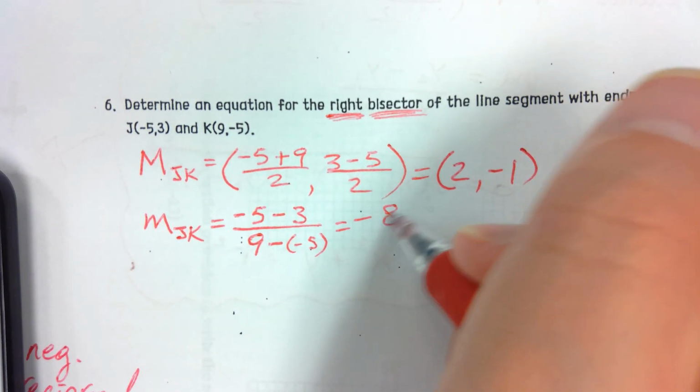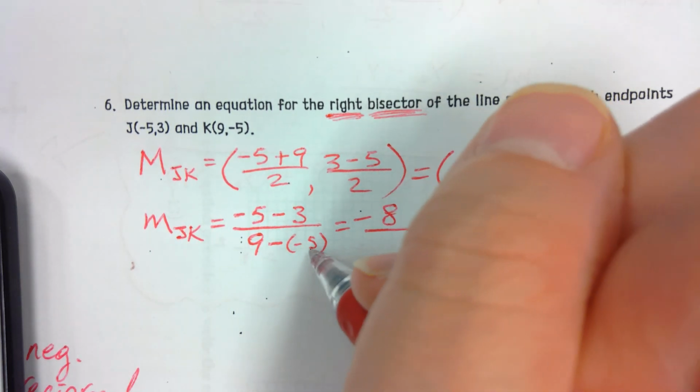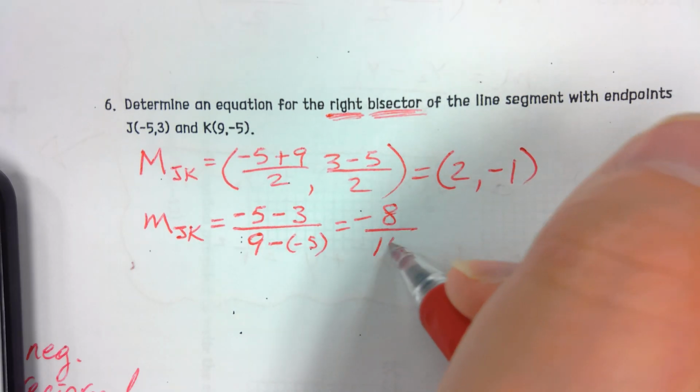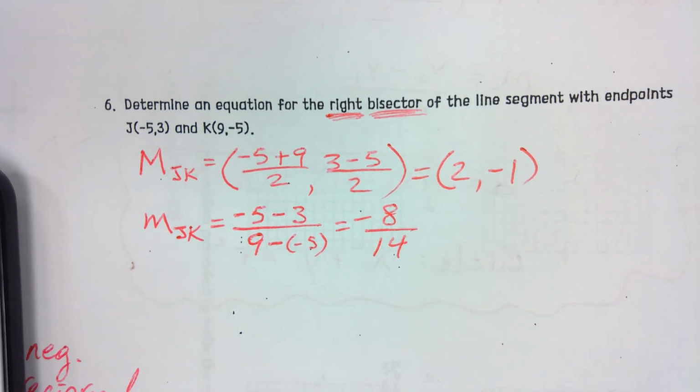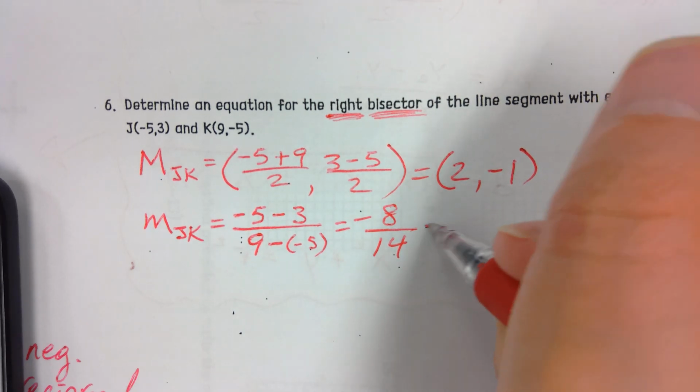So negative 8 over 14. Okay, if you have this and you leave it like this, will you lose half a mark? I mean, more than half of that, right? Half a mark. I could take off more for you. But why would I lose half a mark?